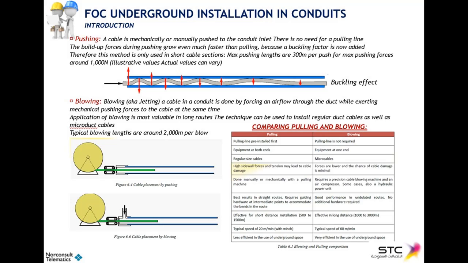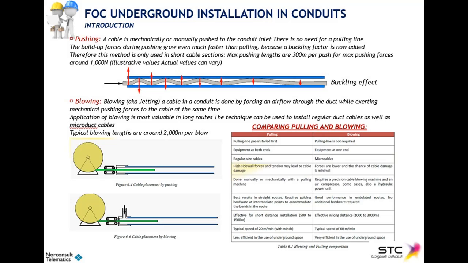However, because of the buckling effect that you can see on the drawing, the more you push a cable inside, the more resistance the cable will make against the conduit inner walls, making it bend more and more, and the more it bends, the more resistance to the pushing it presents. So this is actually limiting the installation length to very short distances.